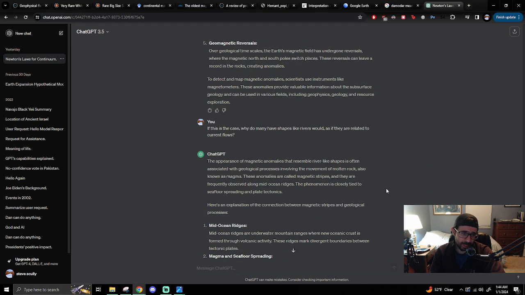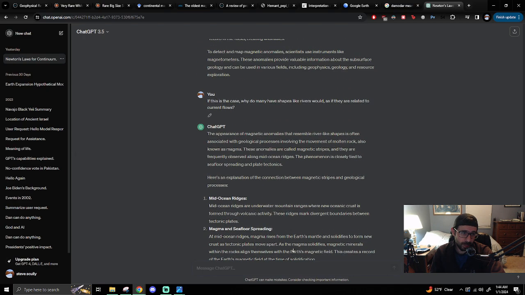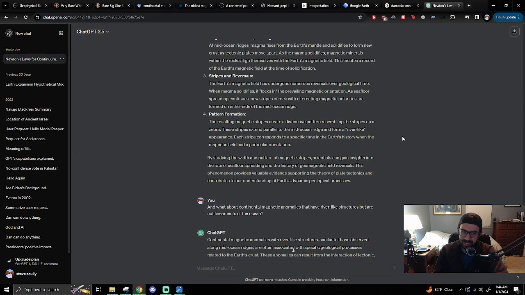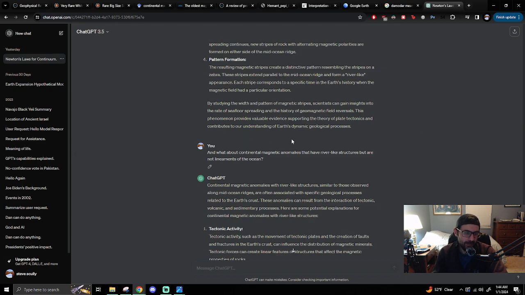So then I tried to have a conversation about that. If this is the case, why do many have shapes like rivers would, as if they were related to current flows? It didn't deny it, but that doesn't mean anything in terms of whether or not science has even noticed. What about continental magnetic anomalies?